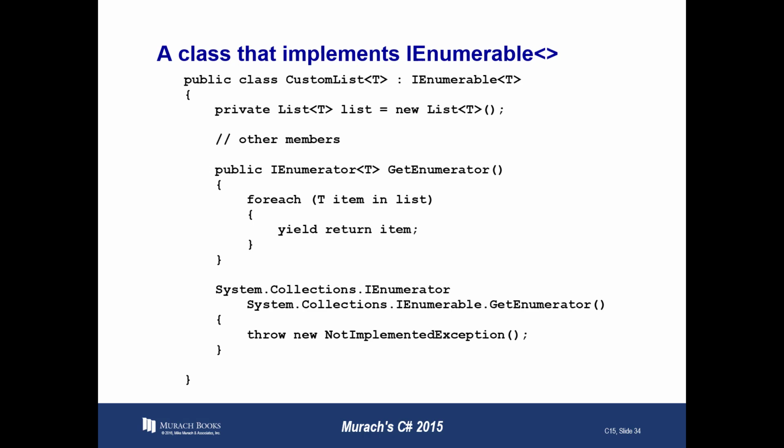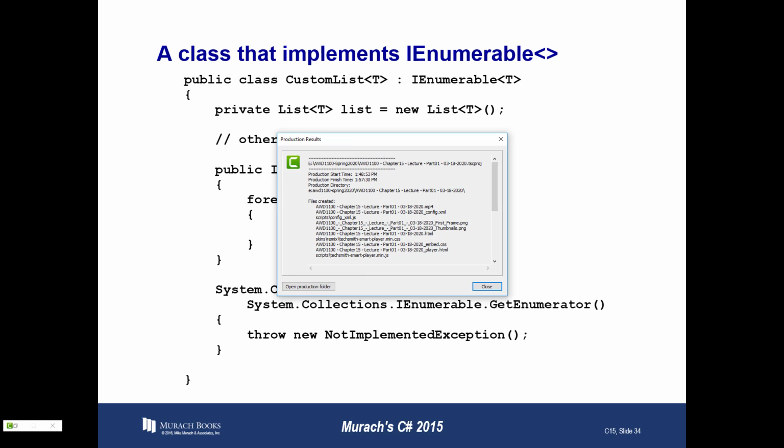As a result, if you want to use a foreach loop on a generic collection that you've defined, you must implement IEnumerable. When implementing the GetEnumerator method, you can use the yield keyword with the return keyword to return the current element of the object it implements.